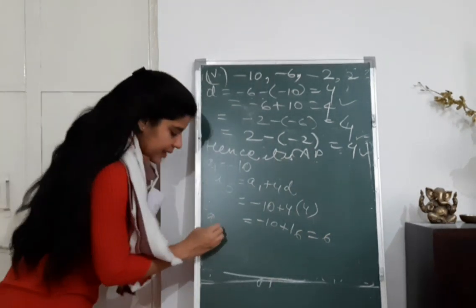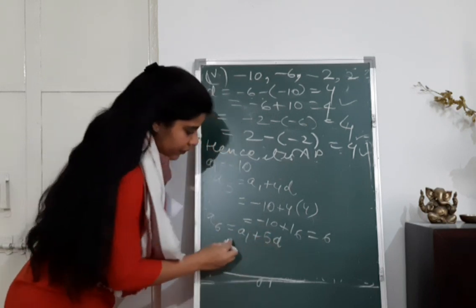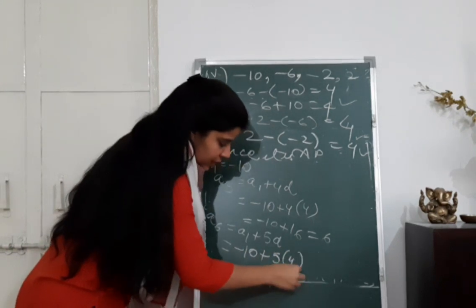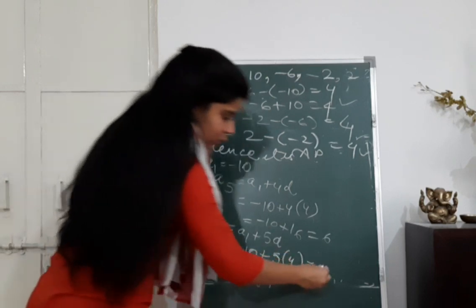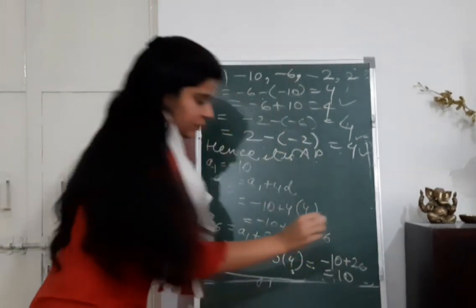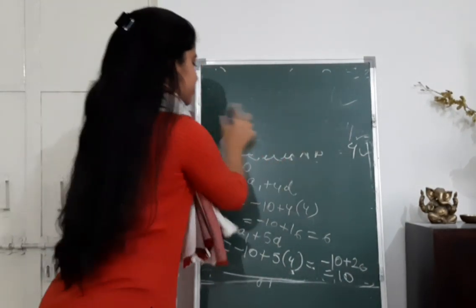6. A6 is equals to A1 plus 5D, which is equals to nothing but minus 10 plus 5 into 4. What is going to be equal to that? Minus 10 plus 20. So minus 10 plus 20 is nothing but 10, right? And what will be A7 equal to?